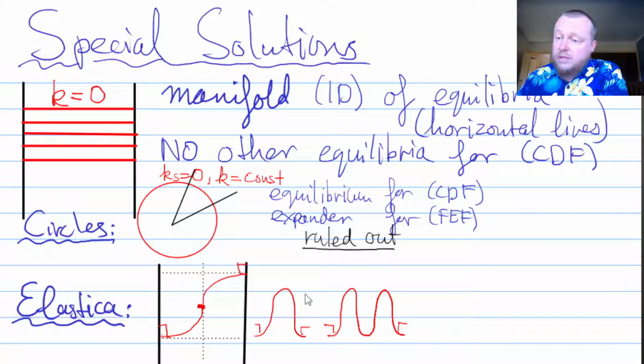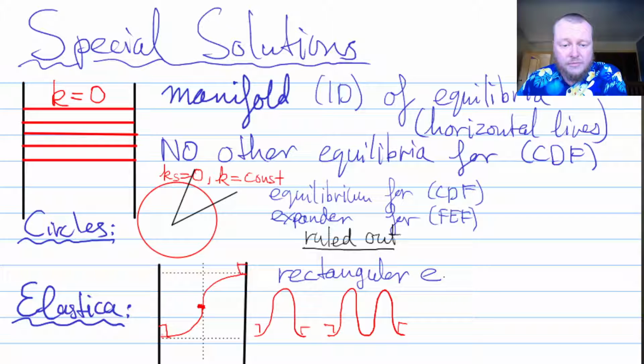And in this way you can construct infinitely many free elastica that will be stationary solutions to the free elastic flow. So this is called rectangular elastica. It's an equilibrium for the free elastic flow.